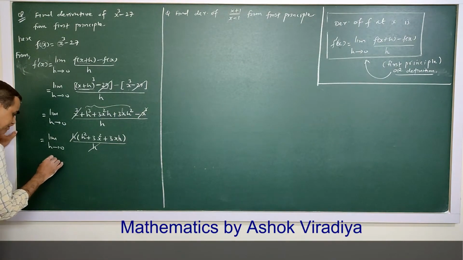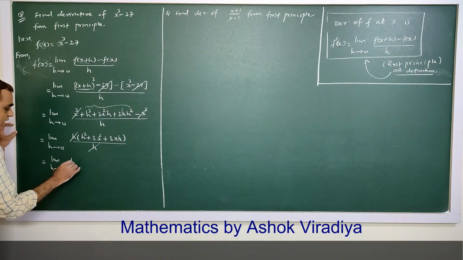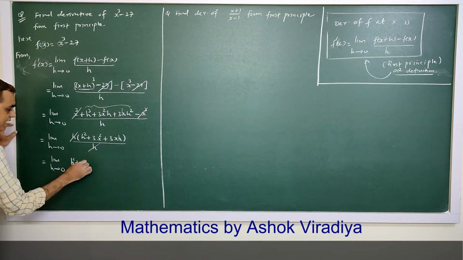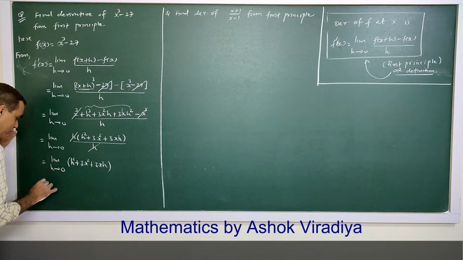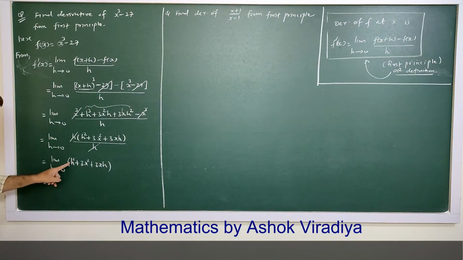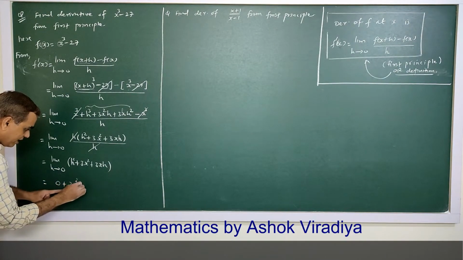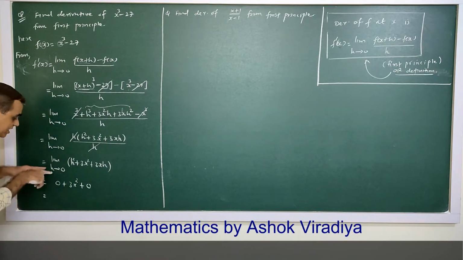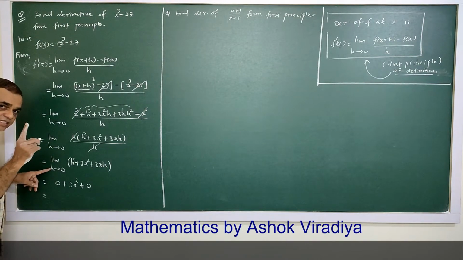So limit h tends to 0, h square plus 3x square plus 3xh, and now putting h equal to 0, this is 0 plus 3x square plus 0. See, h is variable, not x.